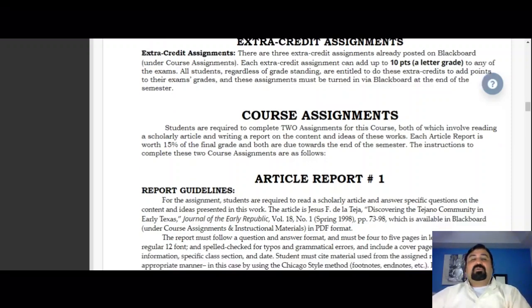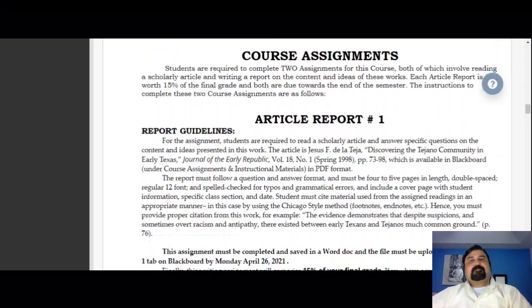Now, I mentioned course assignments. There are 2 course assignments, 2 article reports, that are due on April 26th, pretty much the last week of April. They're 15% each, so 30% of your final grade will come from those article reports.